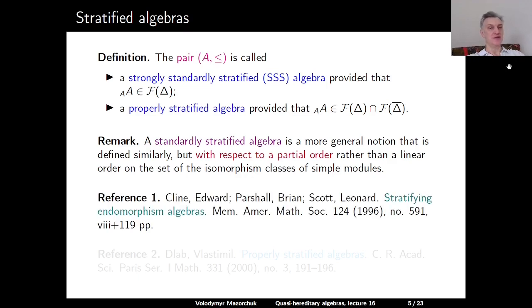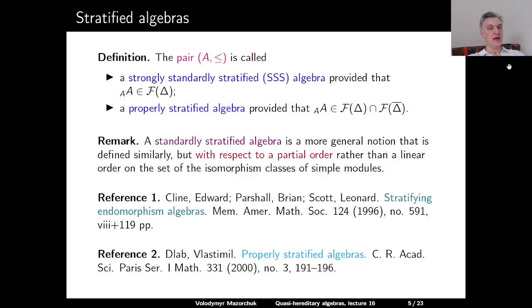The general stratified algebras were defined in the paper by Cline, Parshall and Scott, "Stratifying endomorphism algebras", which appeared in 1996. And properly stratified algebras were defined by Dlab in his paper "Properly stratified algebras" from 2000.